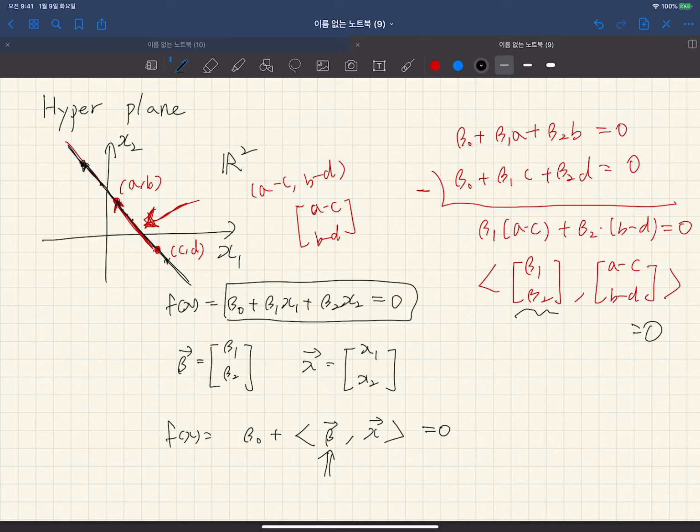And when two vectors have 0 inner product value, then we say the two vectors are orthogonal.